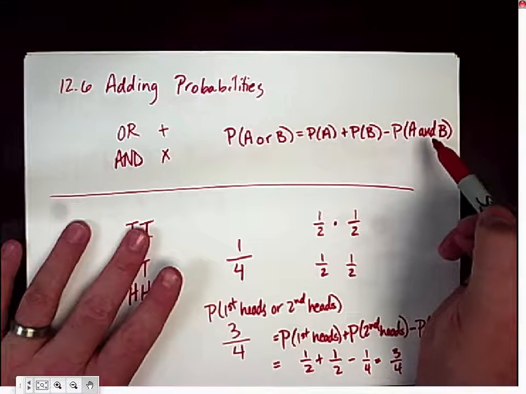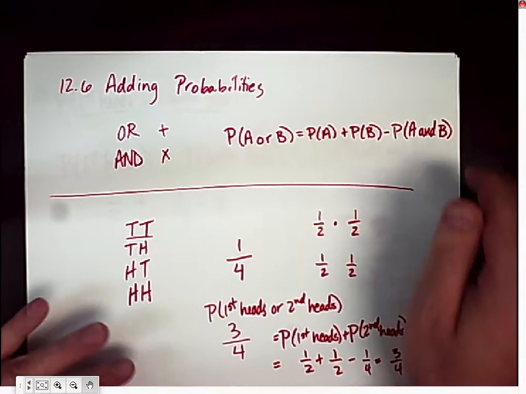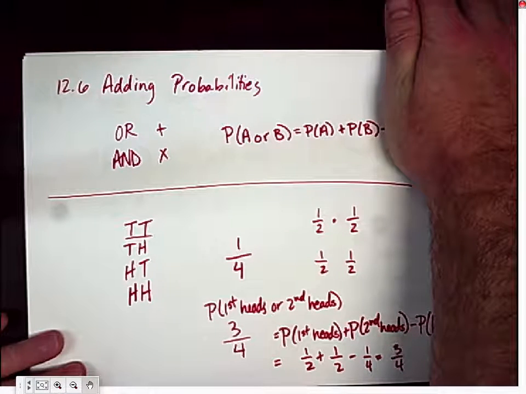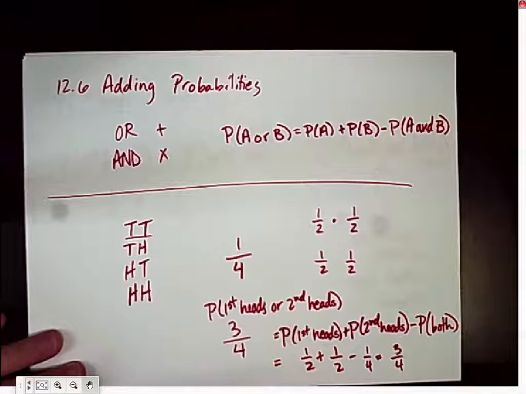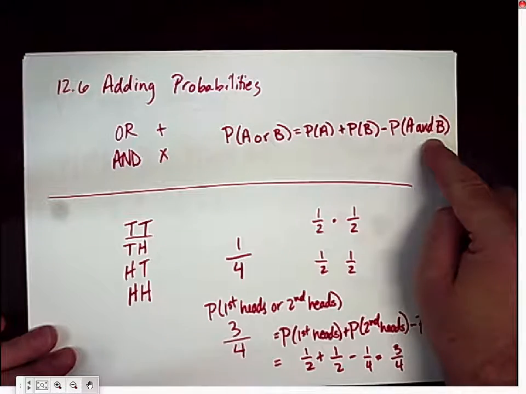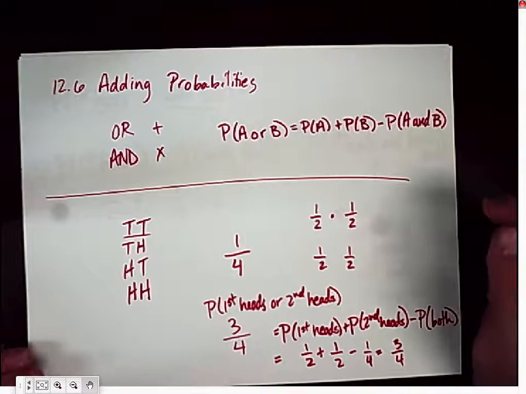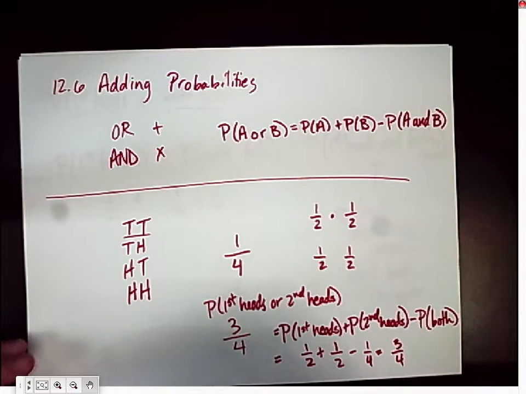That's going to be 0, right? So what your book does is give you that formula for when they're mutually exclusive and this formula for when they're not. But you can use this one every time if you realize that is 0 when they are mutually exclusive. Does that make sense? Yeah.